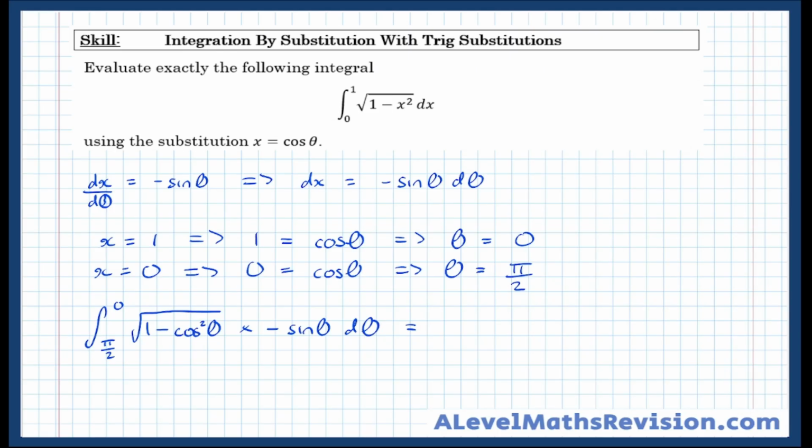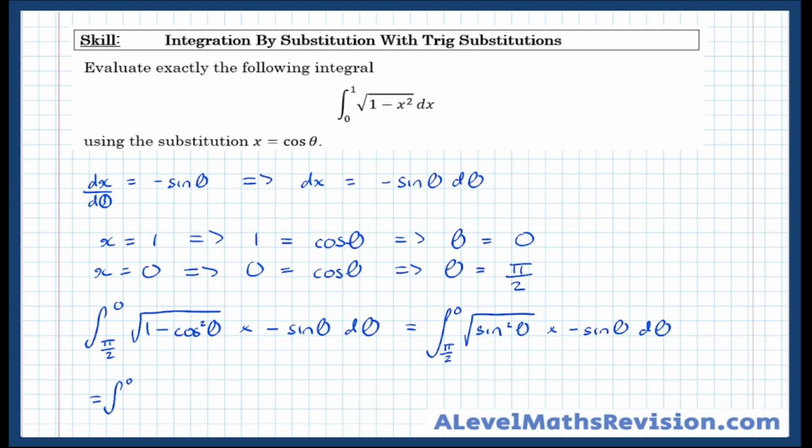equals. Okay, so now let's try and simplify this. So equals the integral between 0 and pi over 2 of, well, 1 minus cos squared theta from trig identities is sine squared theta. So that's the integral between 0 and pi over 2 of the root of sine squared theta times minus sine theta d theta, and root of sine squared theta is just sine theta.